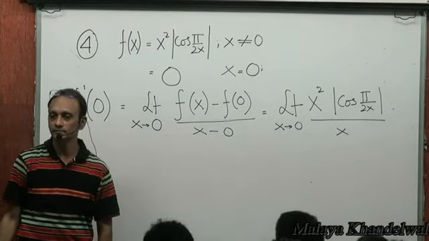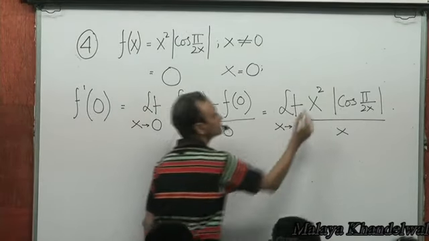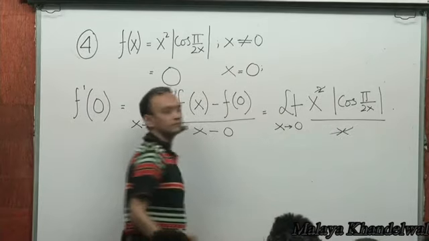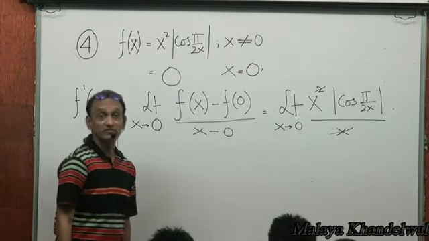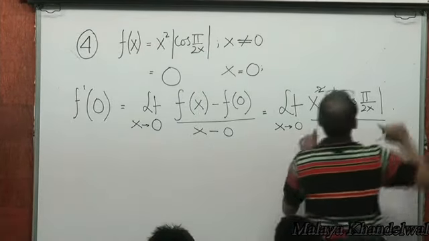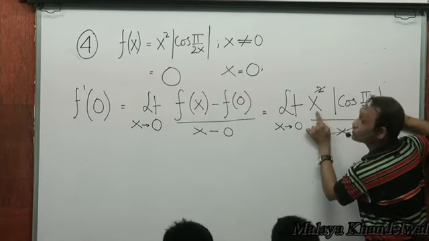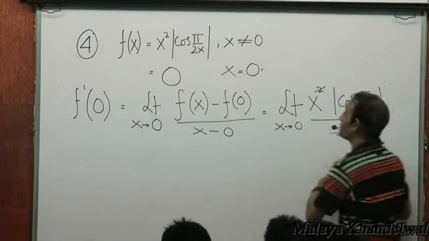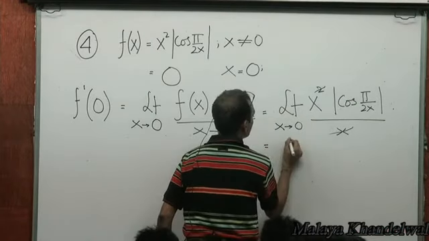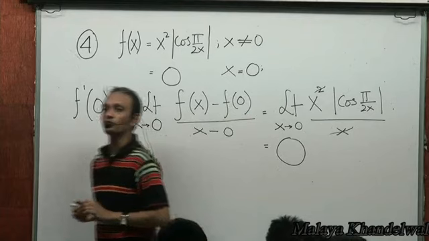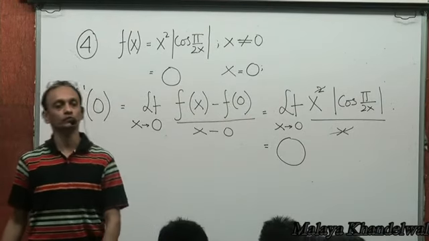That's f dash 0. Realize that this will be bounded and finite into 0 will give me 0. So the derivative of the function at x equal to 0 is 0. Yes or no?